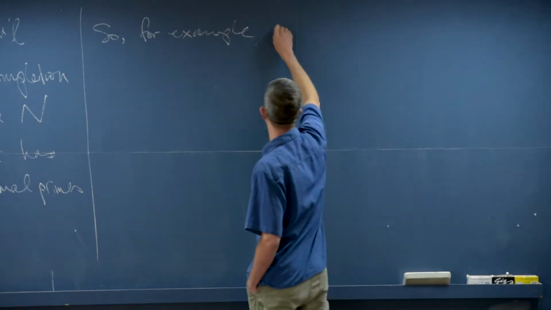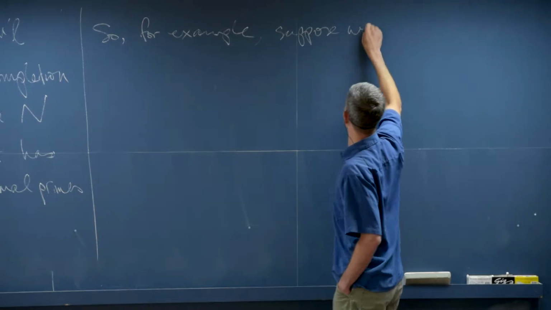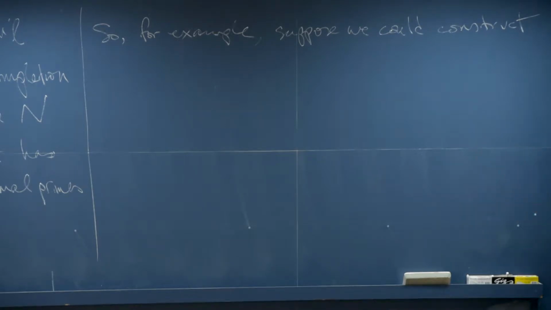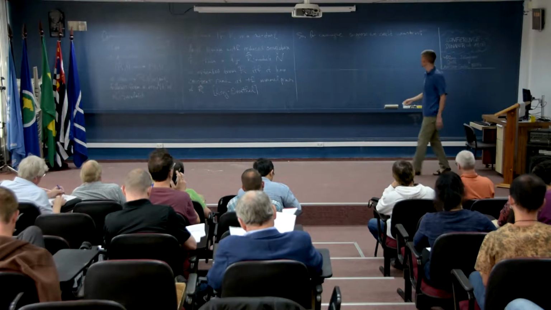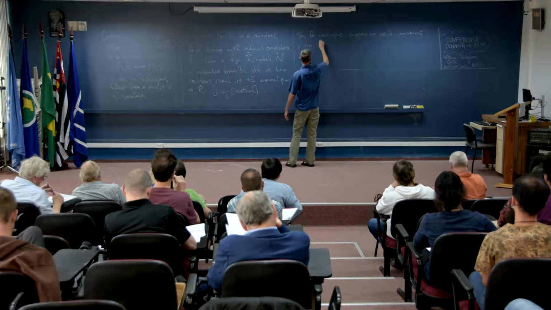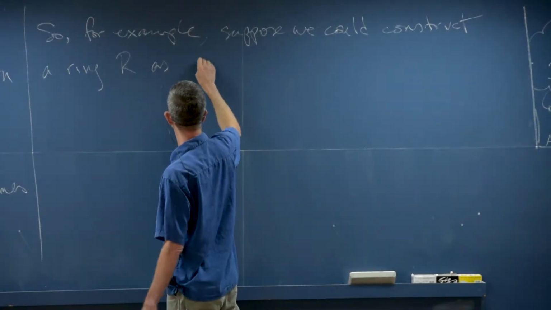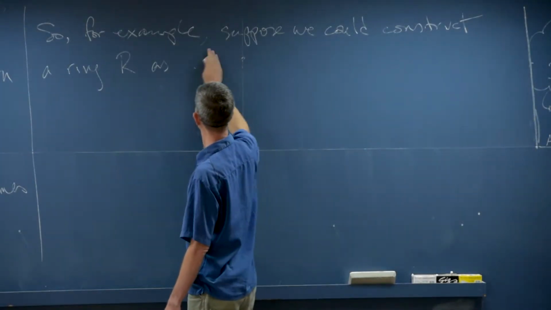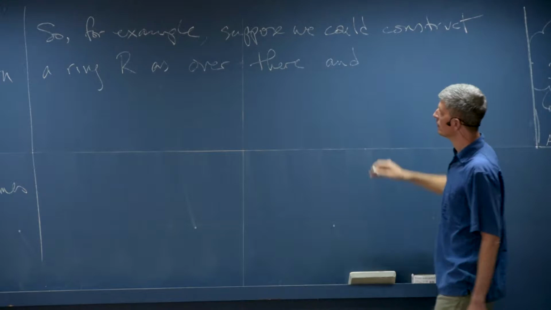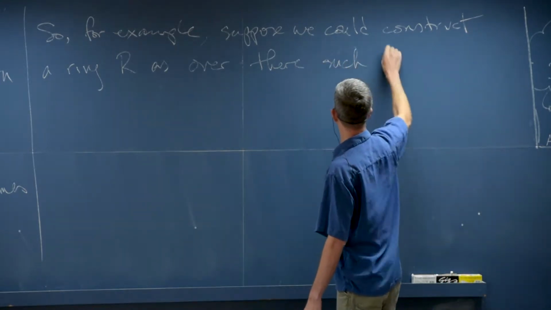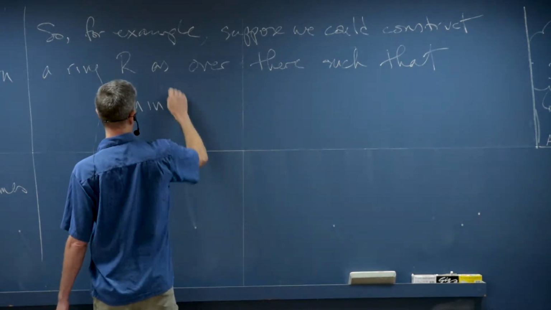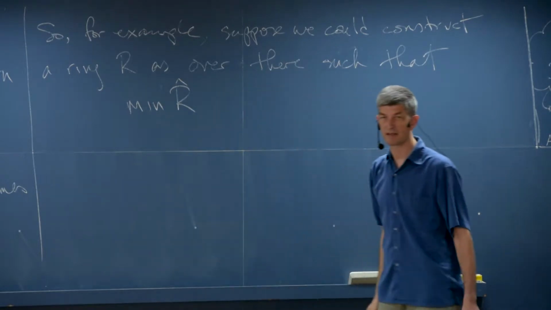Suppose you could construct somehow, we don't know how yet, that is in about 15 minutes, we'll talk about how, but suppose you could construct a ring R, as above, such that the minimal primes of R hat, there are just two of them.